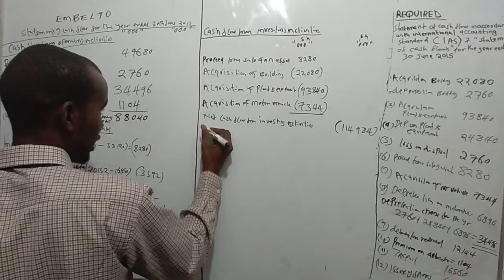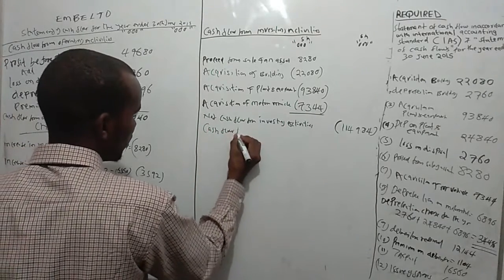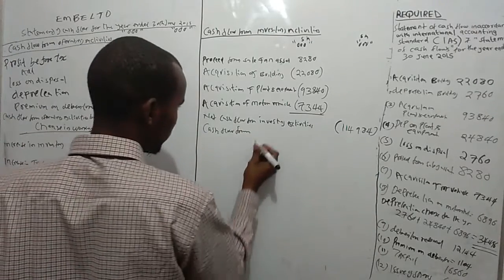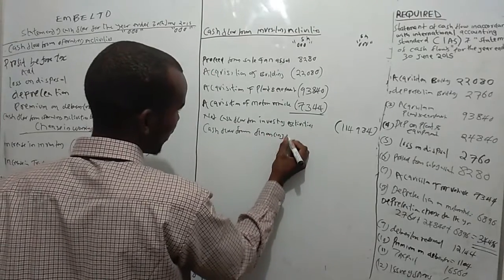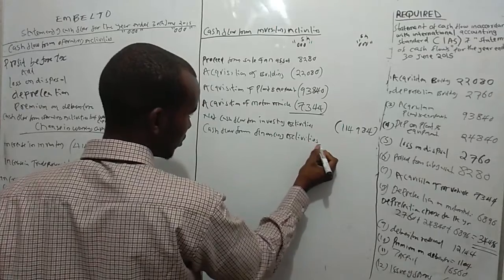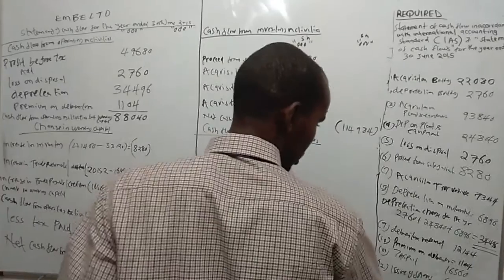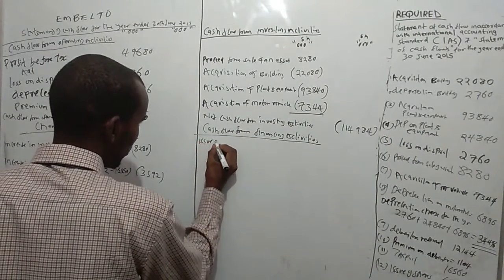Now we go for our last cash flow, which is the cash flow from financing activities. Start with the issue of shares.